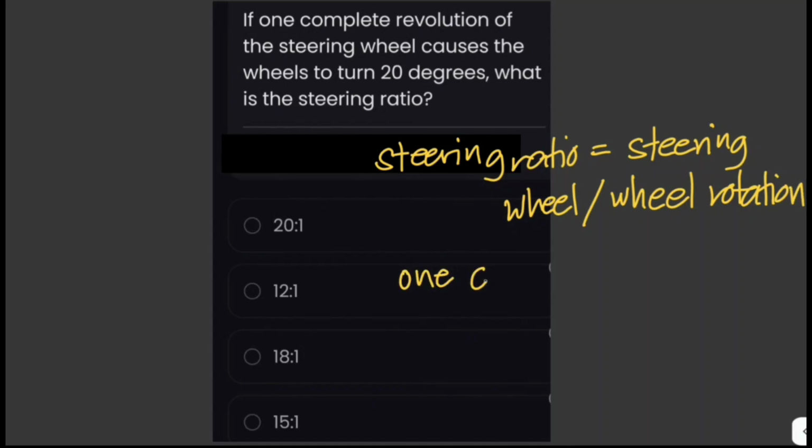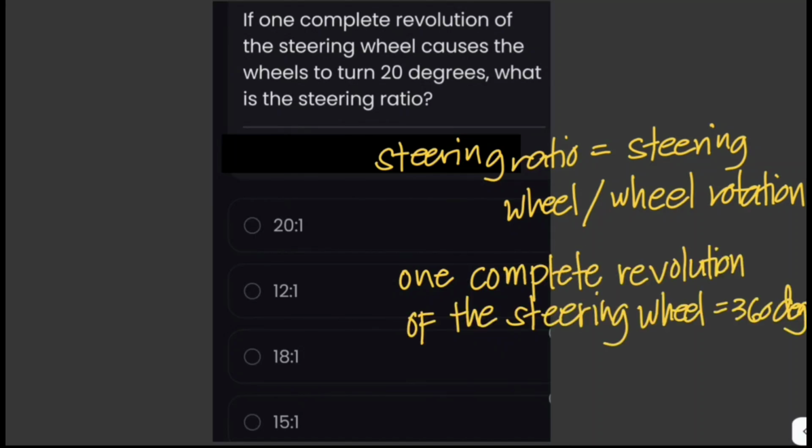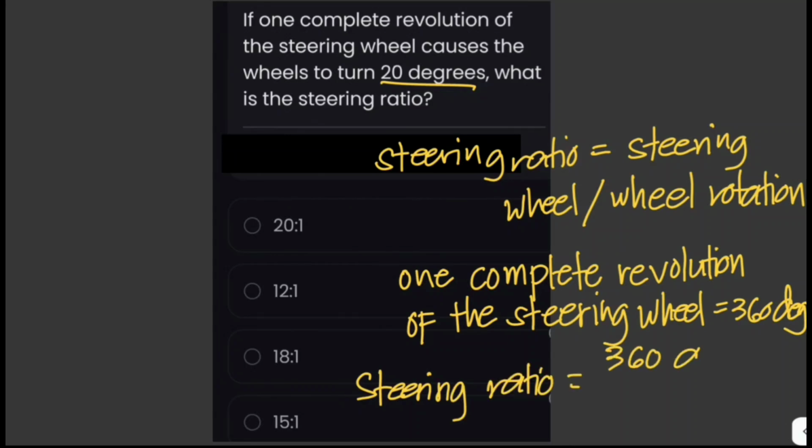One complete revolution of the steering wheel is equal to 360 degrees. The rotation of the wheels for one complete revolution of the steering wheel is given here as 20 degrees. Therefore, the steering ratio is just equivalent to 360 degrees divided by 20 degrees, which is equal to 18.